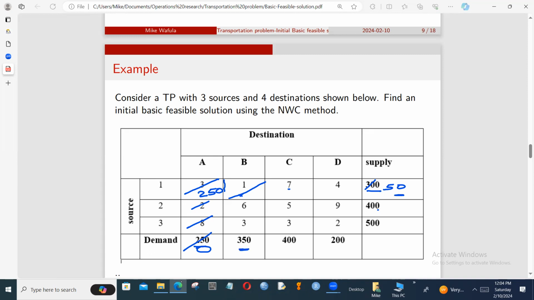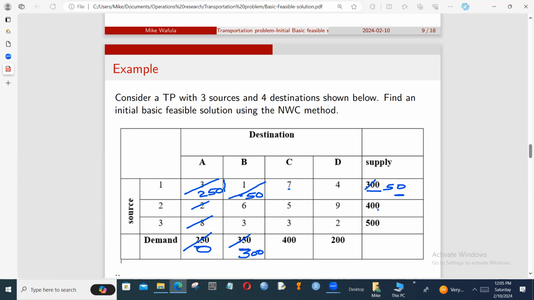The smallest of the two is actually 50. So the 50 is assigned here. When you assign 50 here, you have only met part of destination B's requirement. It still requires 300 more units to meet its demand.